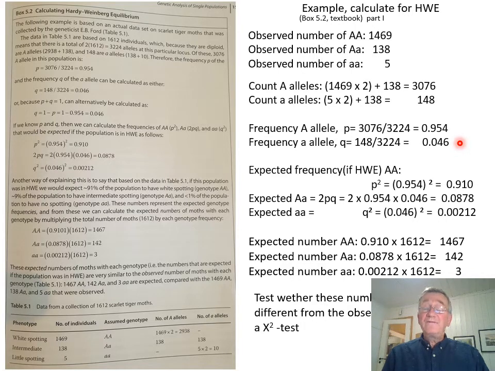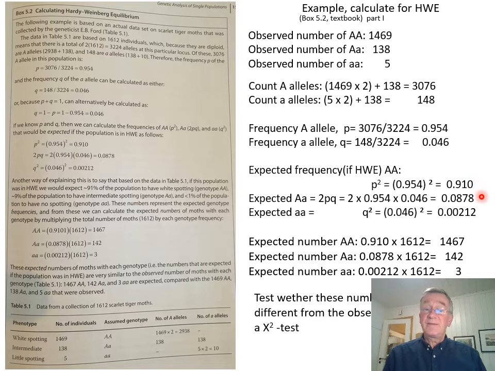If the population was in Hardy-Weinberg equilibrium, we know what the genotype frequencies will be. The genotype frequency of the homozygote capital A will be p squared, as we saw in the last slide, and that is 0.954 squared, which is 0.910.